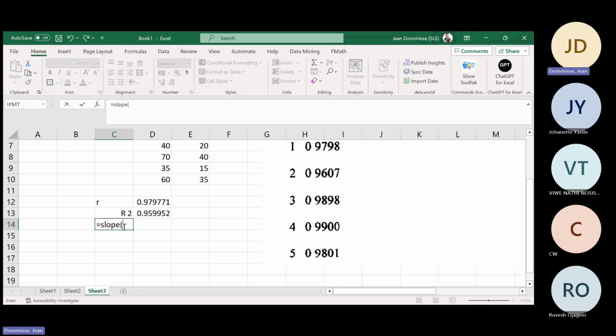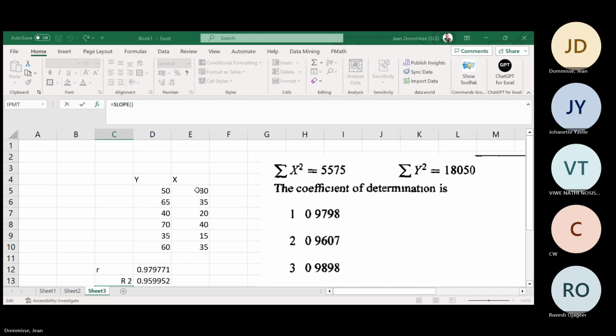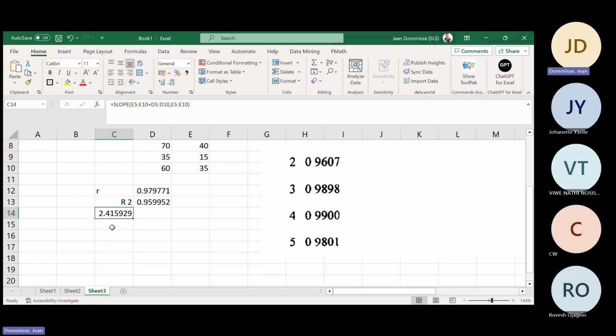I just want to work out the slope. They want us to put in the y's in slope first. Okay, so they say the slope is 2,41. Let me share the second question on this data.